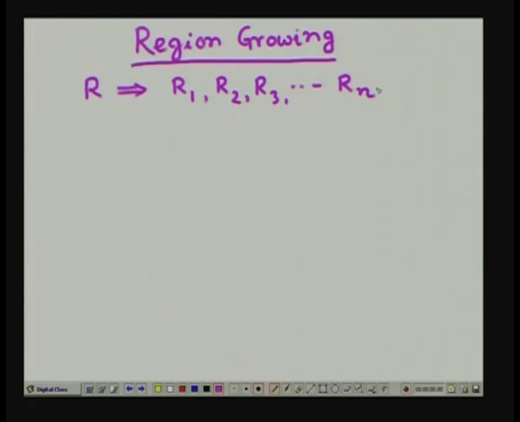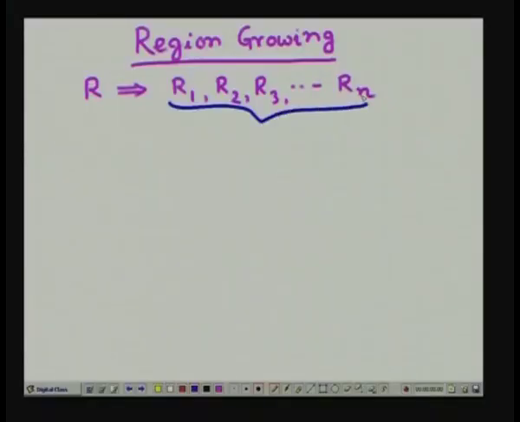So, segmentation is actually partitioning this set of pixels R, which represents the entire image, into a number of sub images or partitions, that is n number of partitions R 1 to R n. Now, when I partition my original set R into n such partitions, this partitioning should follow certain properties.